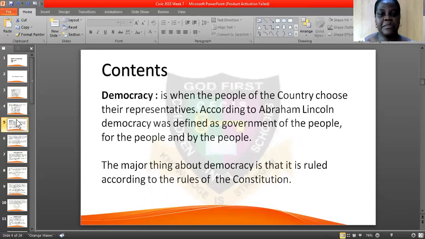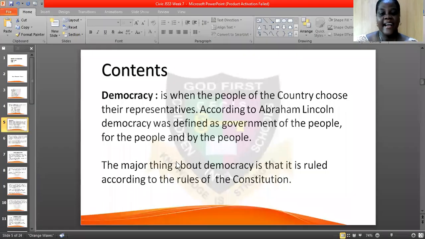What is democracy? According to Abraham Lincoln, democracy was defined as the government of the people, for the people, and by the people.